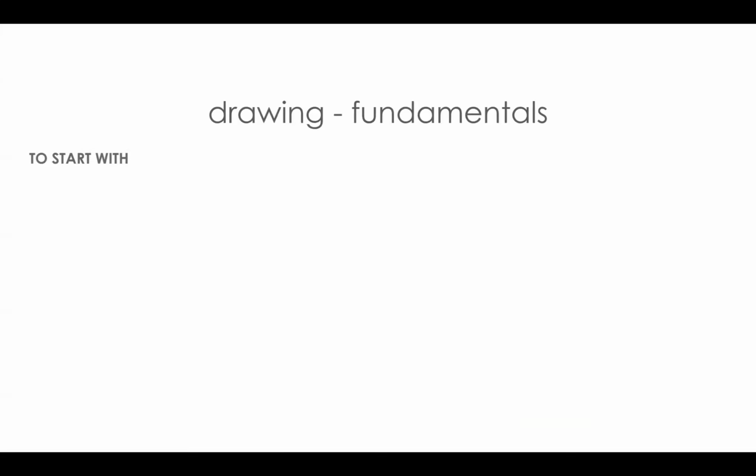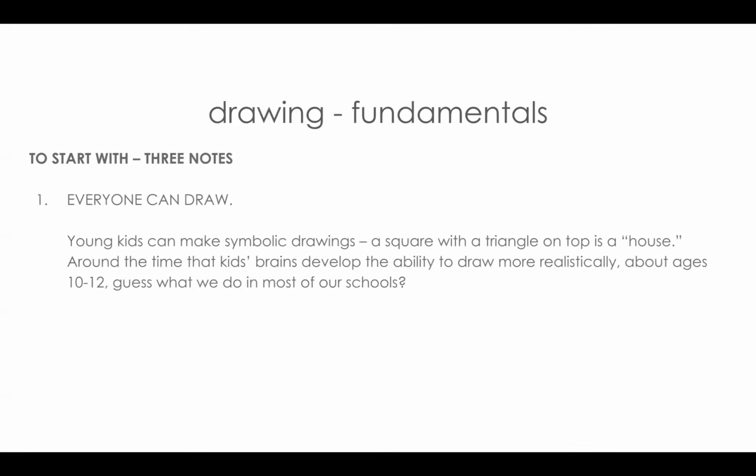So what we're going to start with is a frame of mind, and that is that everyone can draw. Especially in the United States, we don't teach drawing. We don't really value drawing in the upper grades. And there's something that happens in our brains developmentally. Little kids, when they make a drawing, can draw symbolically, like a house might be a box with a triangle on top.